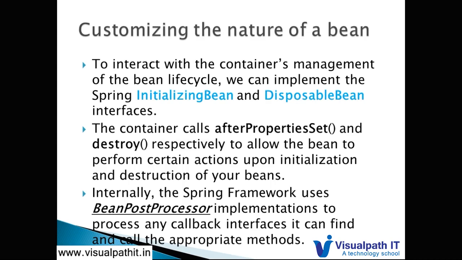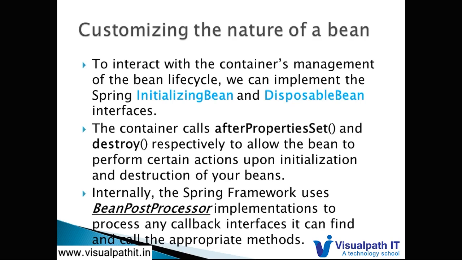As we already saw in the bean life cycle, it starts with the init method and it ends with a destroy method. So understanding the bean life cycle is very important, and it is completely managed by the container.